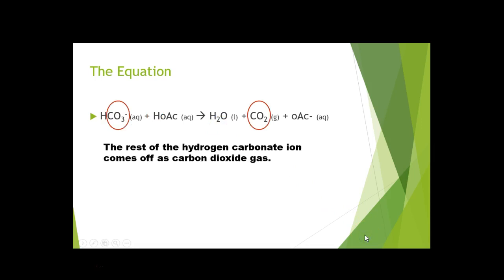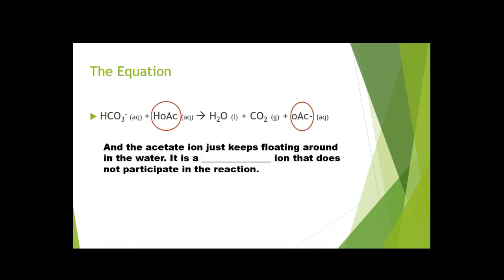You will also see that the rest of the hydrogen carbonate ion has come off as the hydrogen carbonate was split up. It's come off as carbon dioxide gas. And finally, the acetate ion really hadn't done anything. It just keeps floating around in the water. And you might remember what the name of ions that do not participate in the reaction would be, and put that into your notes.